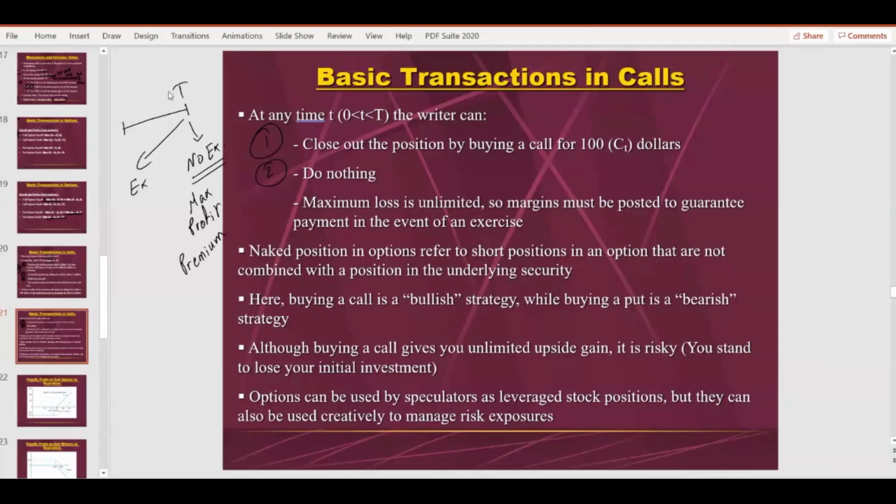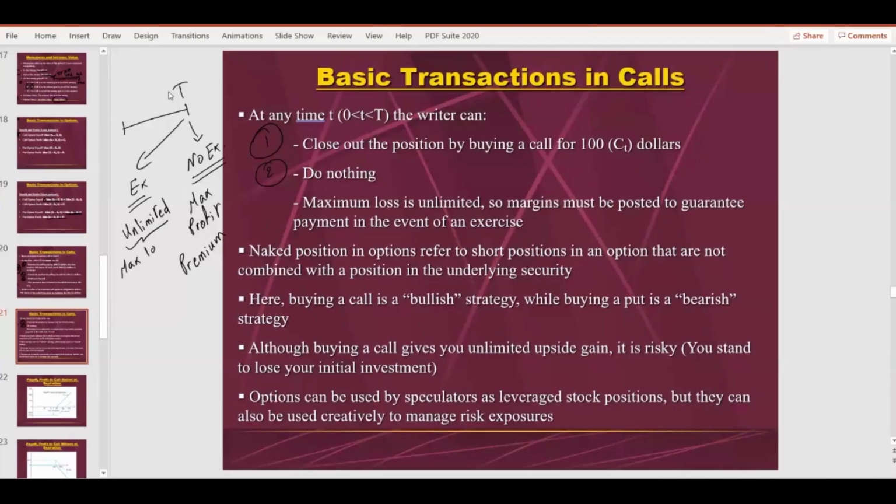In case there's exercise, the loss potential for a short call, a short uncovered call, is unlimited. So this is the maximum loss.